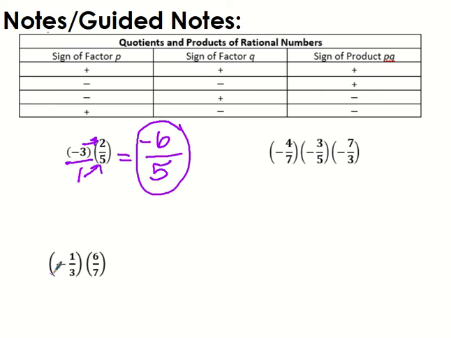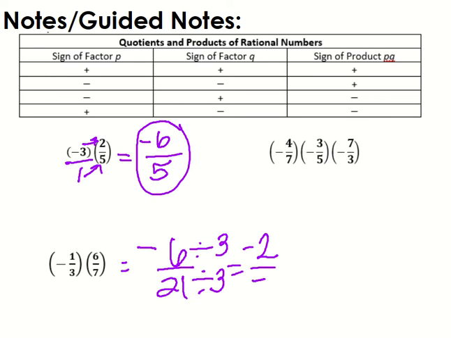Down below, opposite signs, so my final answer is going to be negative. Again, numerator, numerator, you get 6. Denominator, denominator, you get 21. Now this one, you can see there's common factors, so you will need to reduce. I would reduce these by 3, and I would get -2/7.